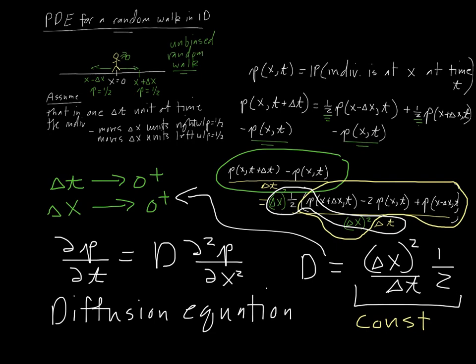Okay? And the only thing that's left to complete the problem is the initial probability profile for the system. And generally, if you look up here in the upper right hand corner, generally what we'll assume that is some Dirac delta function.